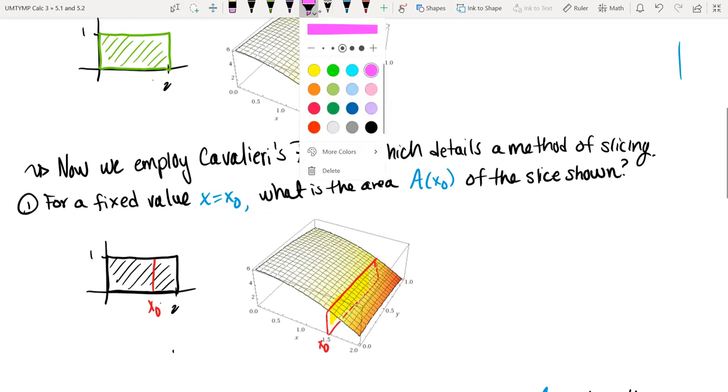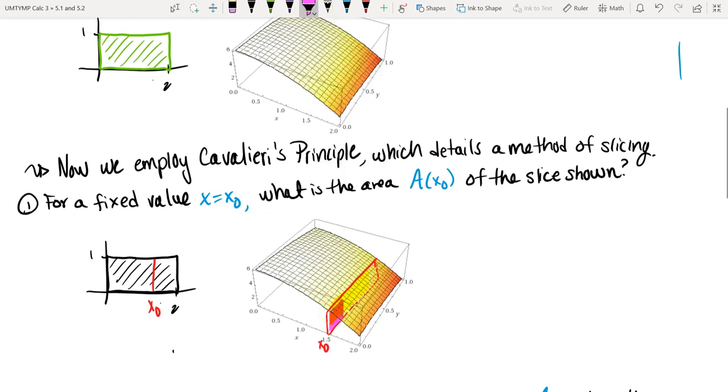Let's see if I can get a different color. Let's use pink. Is pink going to show? Oh, beautifully. There's our slice. So what's the area of that slice? Let's do some thinking. I have the area of x0. Based on my previous knowledge, it could be represented as the function of x0 comma y.